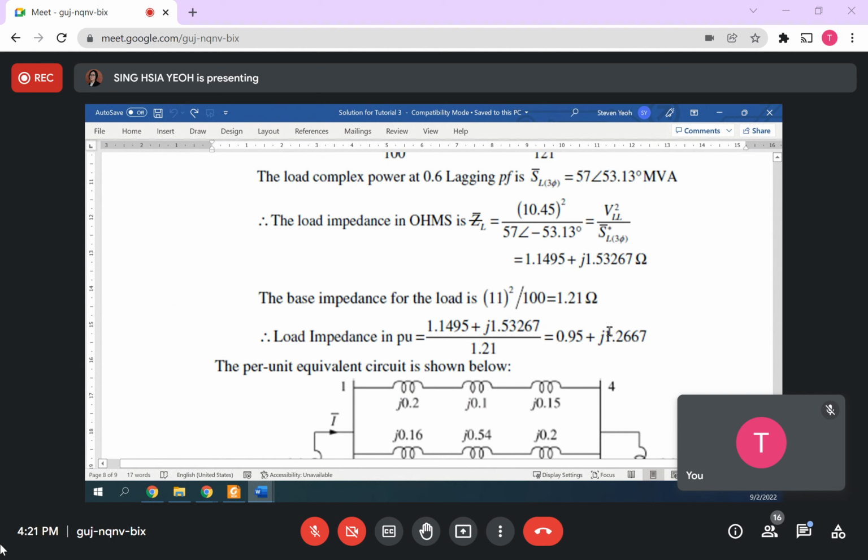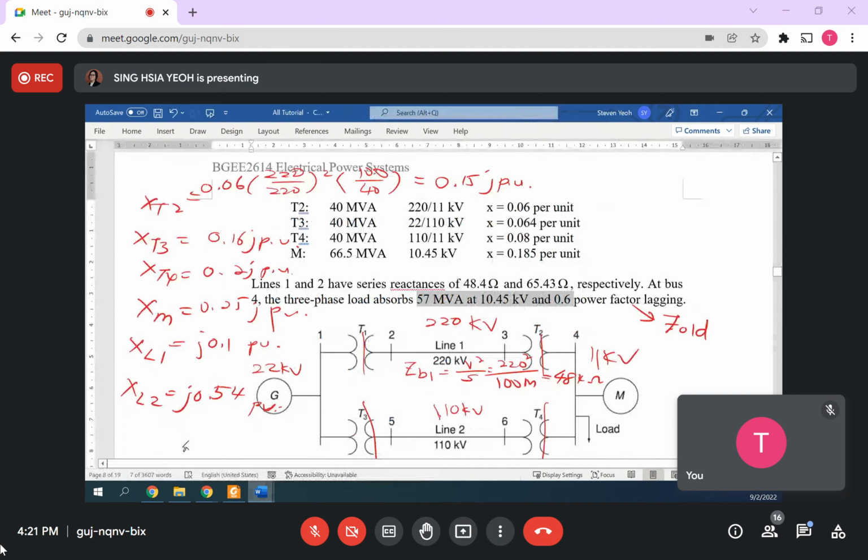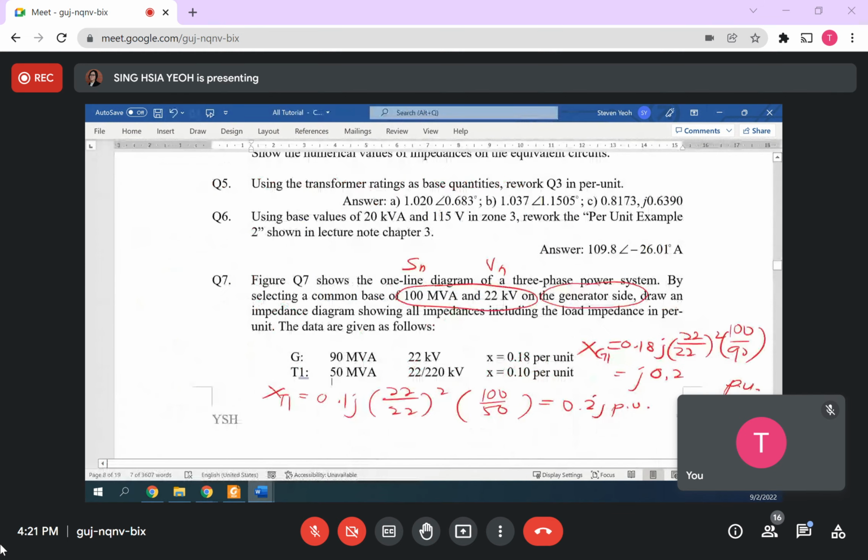Nicholas, can you understand this? This is a good question. If the load is three phase, it's three phase. Let me see. Three phase power system, per unit.